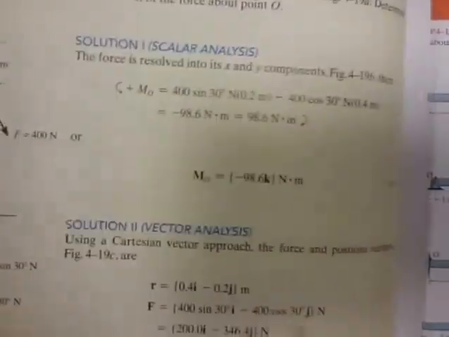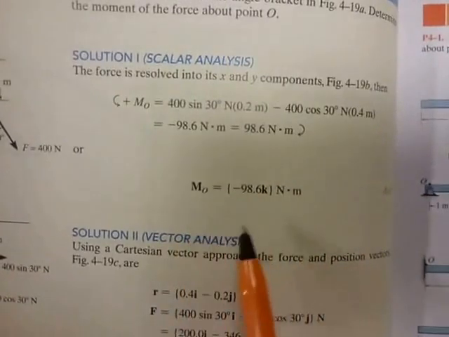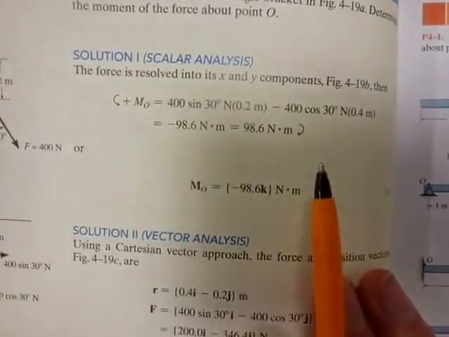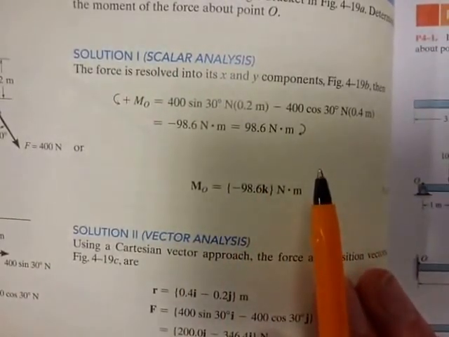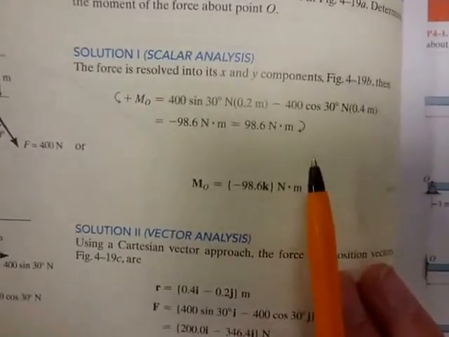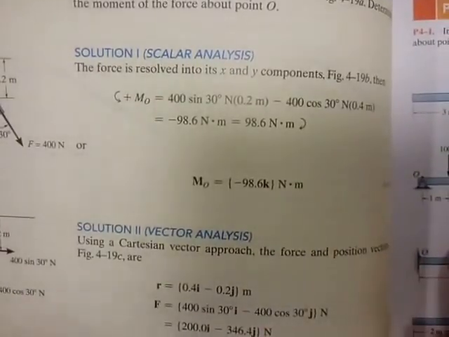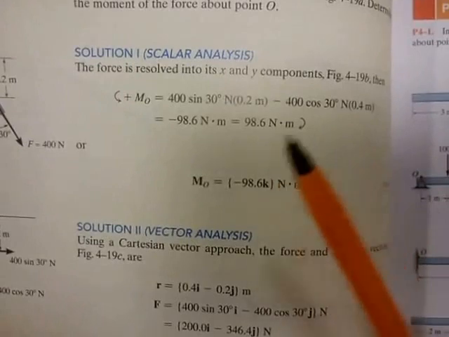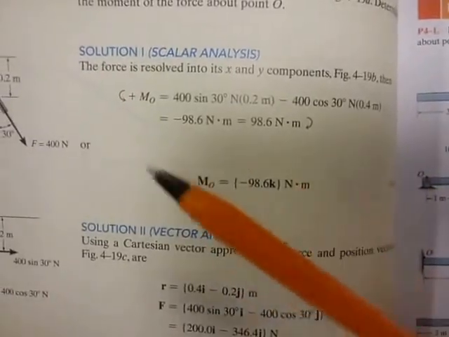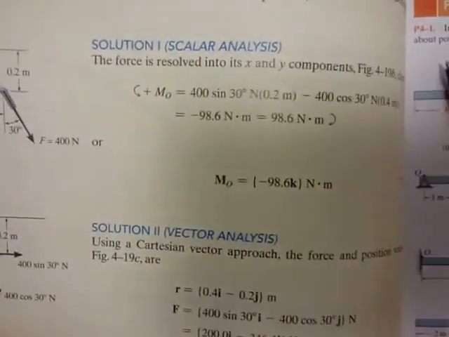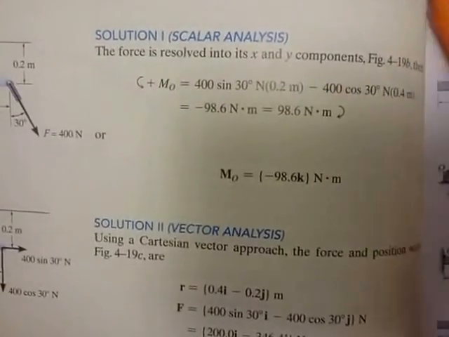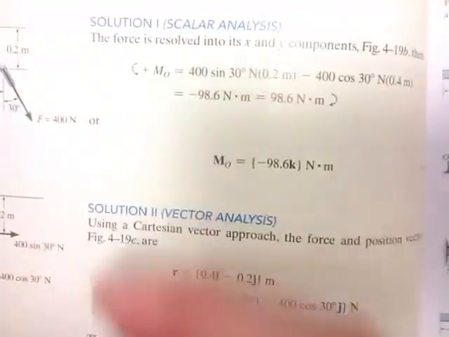Okay, now what you notice here, remember guys, I just want to reiterate that we use the right-hand rule to determine our directions. So remember that if you use the right-hand rule, I can't really show my hand here, but there we go, like that.